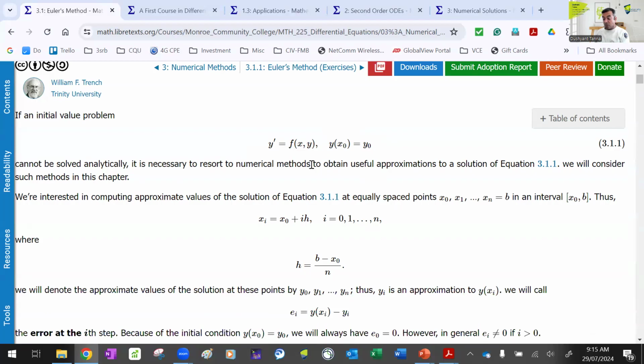Okay. This cannot be solved easily, right? It's necessary to resort to numerical methods to obtain approximation of the solution. Now, hear this word. We are talking about approximations. The best approach is to solve it analytically, right? You will have exact solution. But what if you cannot solve, what is very complex, like I said? Then we should be closer to the solution rather than saying, oh, I can't do it. But that's another approach. And then there is a modified or improvised Euler's method. There is that Runge-Kutta method.